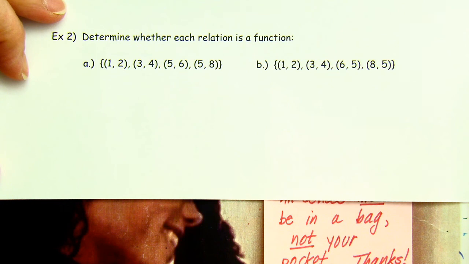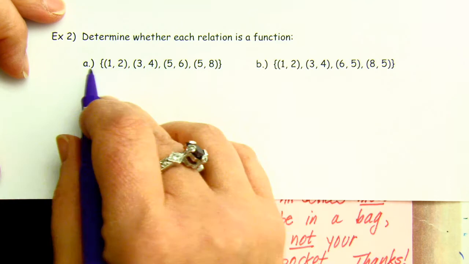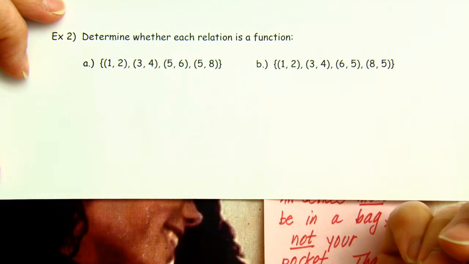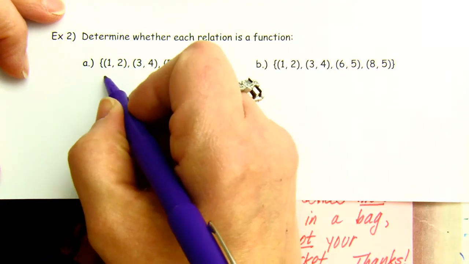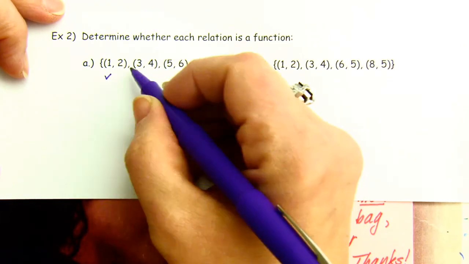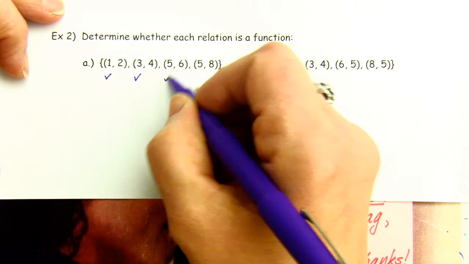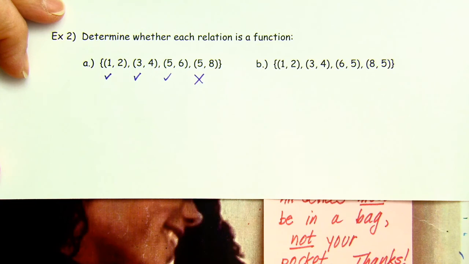So if you're determining if a relation is a function, you're going to look through the ordered pairs and just simply determine if the X values are repeated or not. So here I see that I have X is 1, that's okay. X is 3, that one's okay as well because it's not a 1. 5 is okay because it's not a 1 or a 3. And then here I see a 5 again. That's where I have to say, nope, you're done.